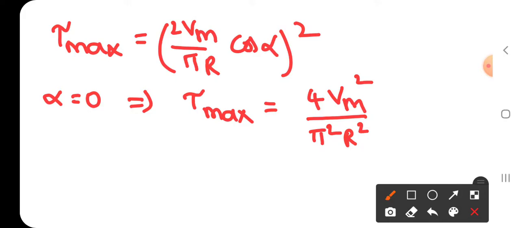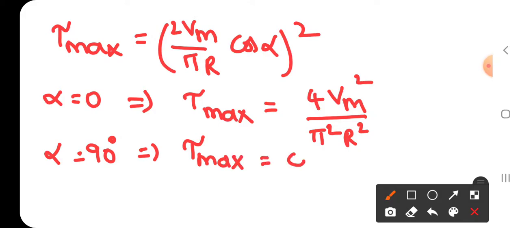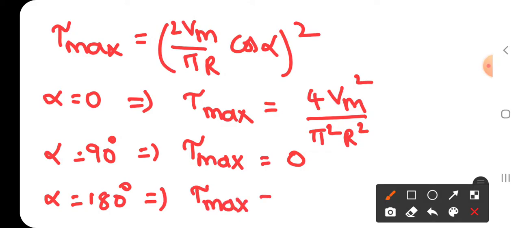When alpha is equal to 90 degrees, the maximum torque will be 0. And when alpha is equal to 180 degrees, the maximum torque is again 4 V_m squared by pi squared R squared.